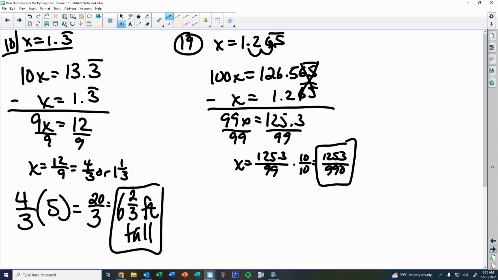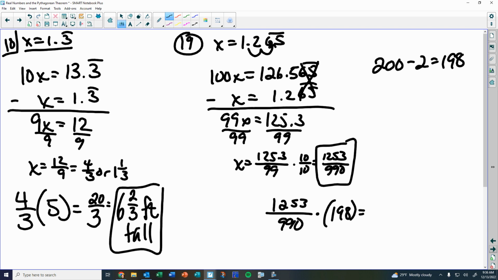Well, remember, they charge you $2 to exchange the money. So if you have $200, you got to subtract 2 first. So basically, you got 198 left, right? And we're going to take that 198 and multiply it by this fraction. I told you it wasn't pretty. So 198 times 1,253 is 248,094 over 990.